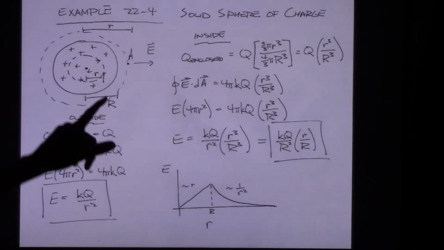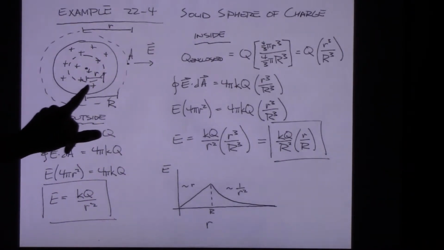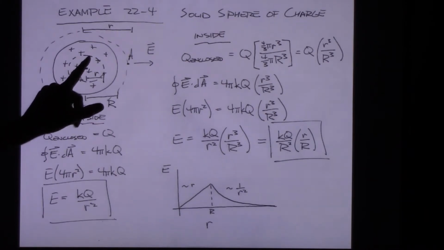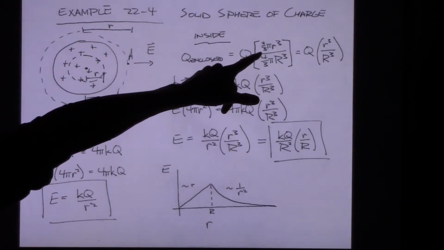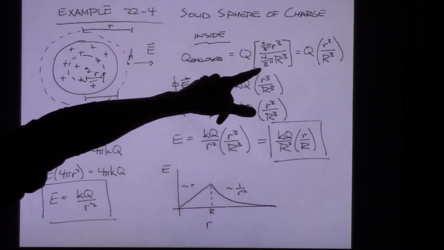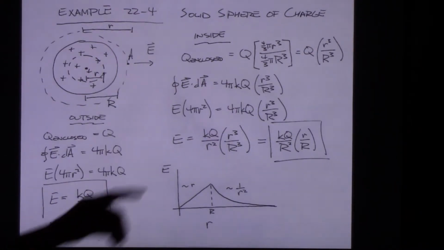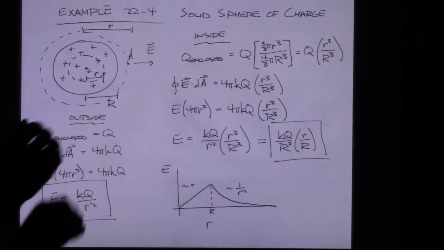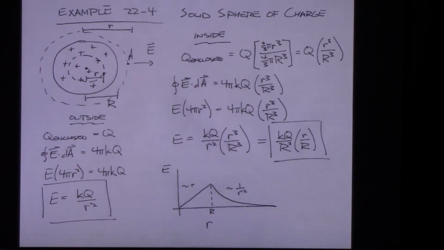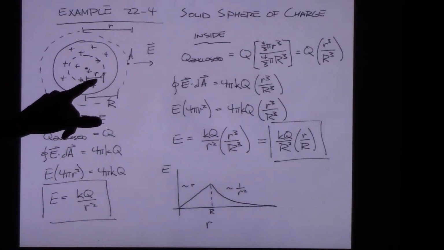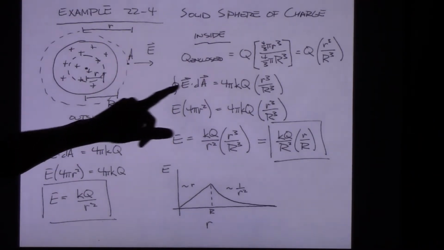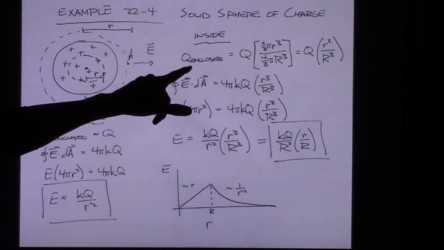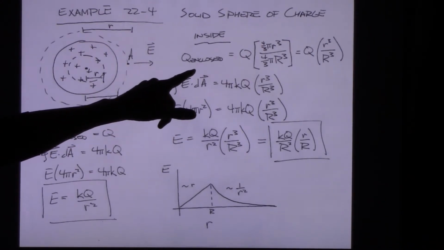Now, the fraction of charge included in that Gaussian surface is going to be the volume within that surface divided by the total volume. So the stuff in the brackets represents the fraction of the total charge that's enclosed in my Gaussian surface.